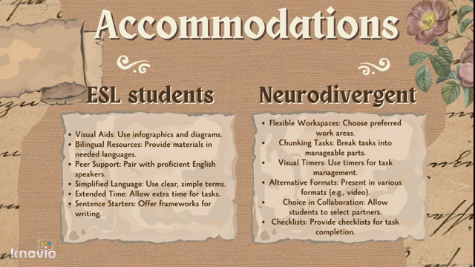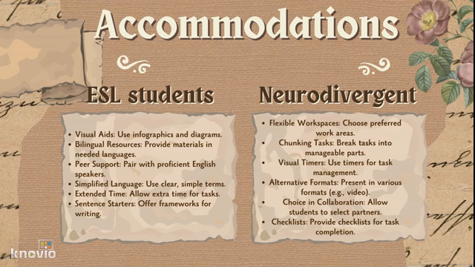For our neurodivergent students, we have ADHD, ASD, and OCD in the classroom that the teacher identified. And so we are going to provide flexible workspaces for them. We're going to be chunking tasks, breaking tasks into manageable parts. We will have visual timers, so we're going to use the timers for task management.